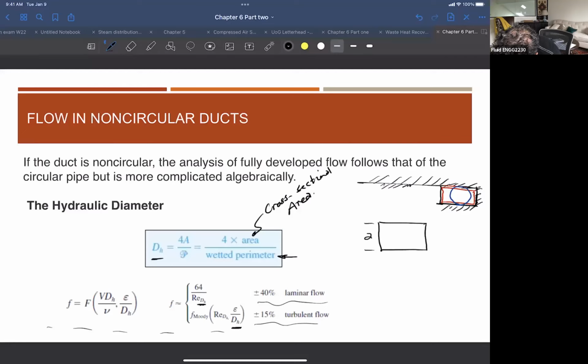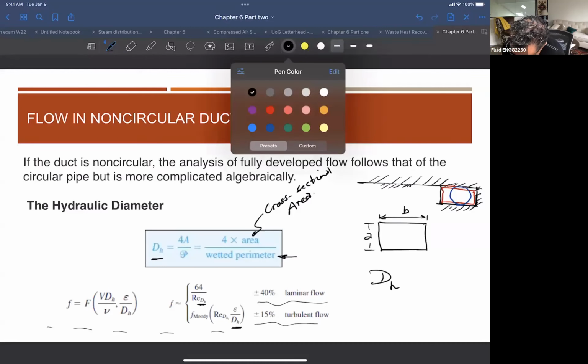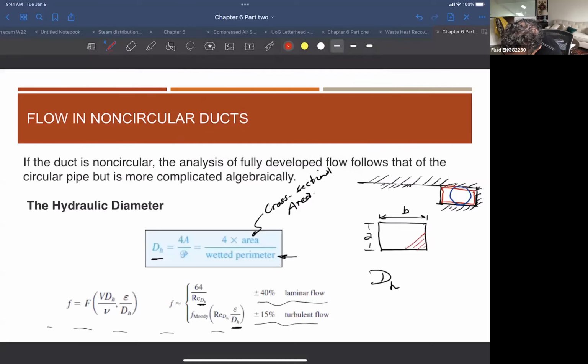This is A, and this is B. What is the hydraulic diameter for that, if the fluid is flowing in the whole duct? 4 times the cross-sectional area, can you tell me? AB, yeah, divided by the weighted perimeter. So it's 2A plus 2B.